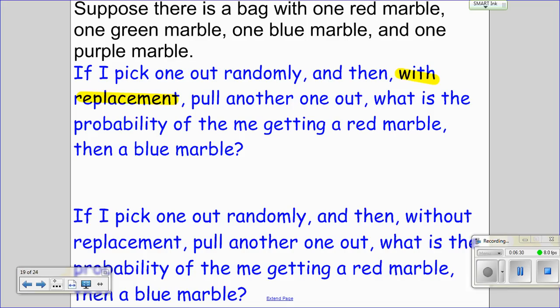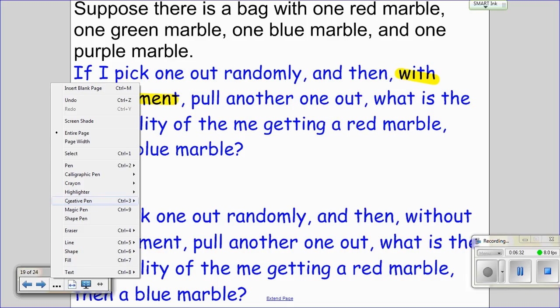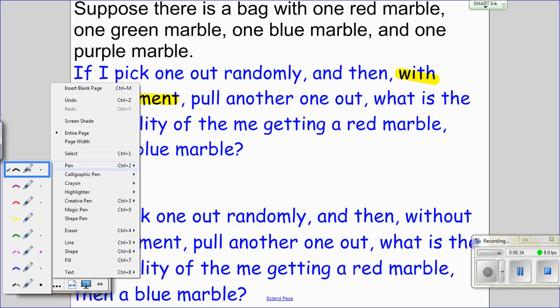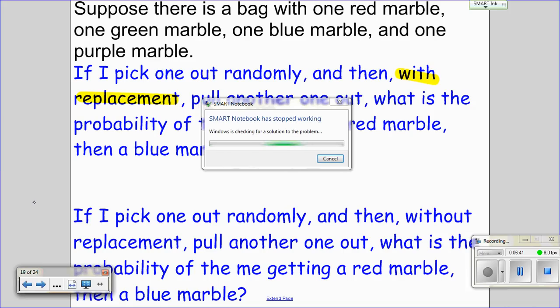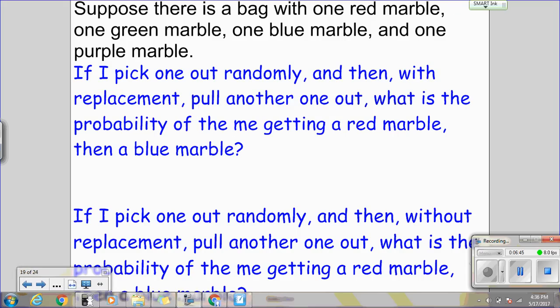So that means when I grab my first marble, I'll put it back into the bag. But again, with replacement is the key word. So that means when I pick one marble out, I put it back in to pick the second one.